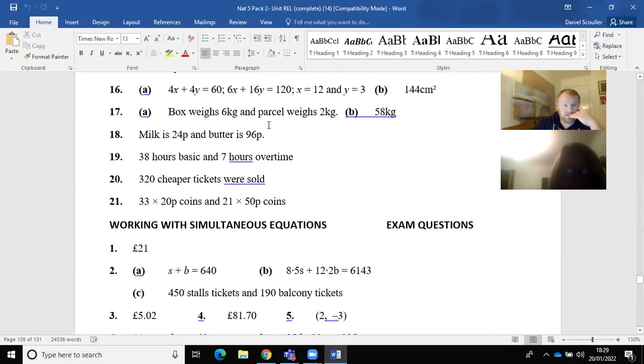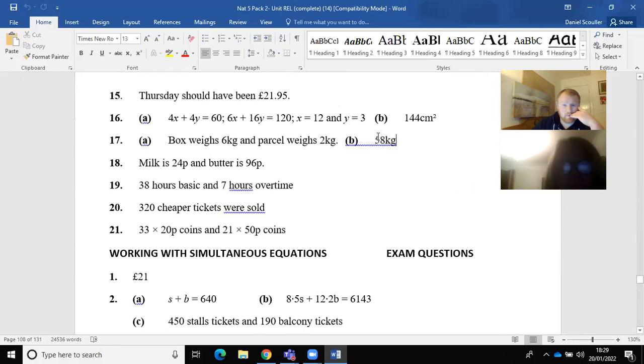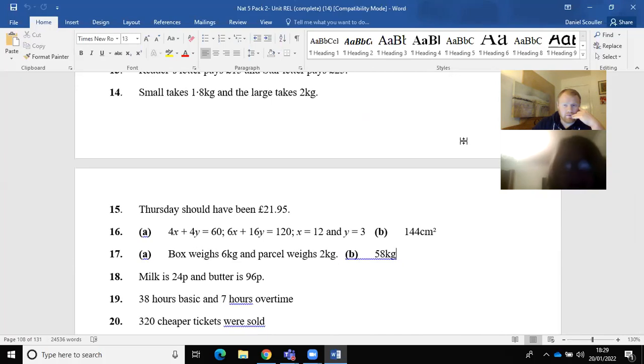Yep, 58 kilograms. Oh, so we did get it right then. Oh, that's okay. Yeah, have faith in yourselves. Nice one. Superb. Okay, well, there's another example for you guys, so that's pretty good.